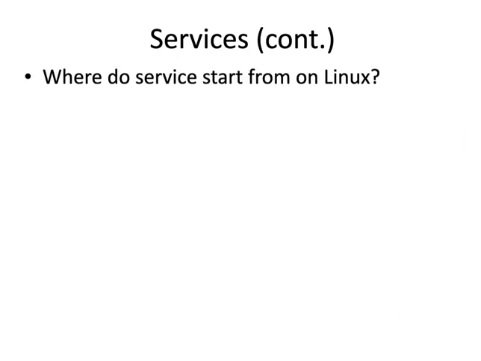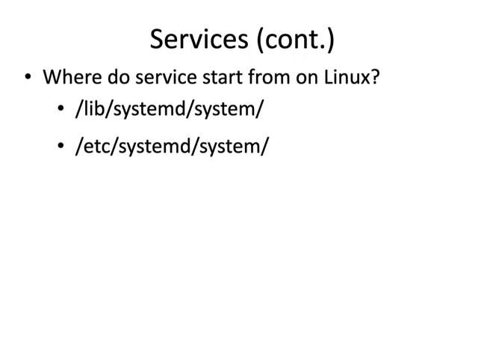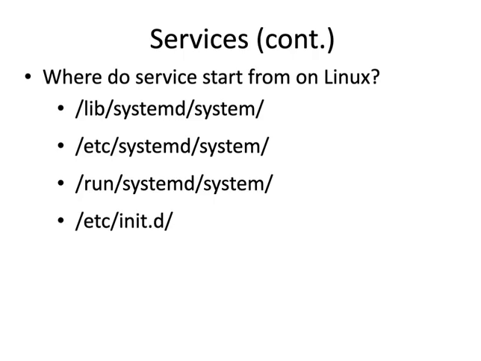Now, where do these services start from, or how are they started? We'll start with Linux first. There are different directories that contain files, often shell scripts, that start up services: /lib/systemd/system, /etc/systemd/system, /etc/init.d, and /etc/rc3.d, which is an older directory.